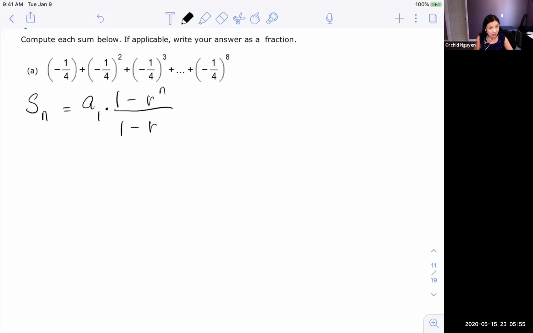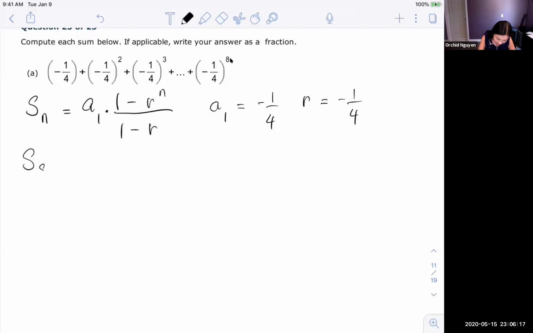We have everything in this problem. So A1 is -1/4. R is also -1/4. And you can see n is 8, because you're adding 1, 2, 3, 4, 5, and it's 8 right here. So we are finding S8.